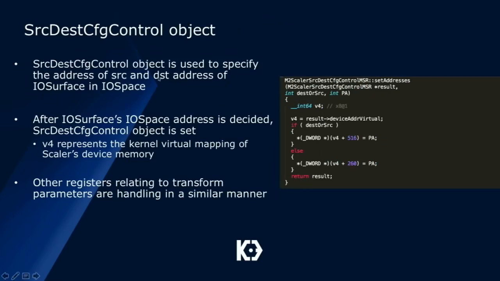The key register is for source and destination config control. This object is used to specify those addresses. Once you decide those addresses, you specify them by giving some value and setting it at some specific offset in that mapped virtual memory. After that, this is done.